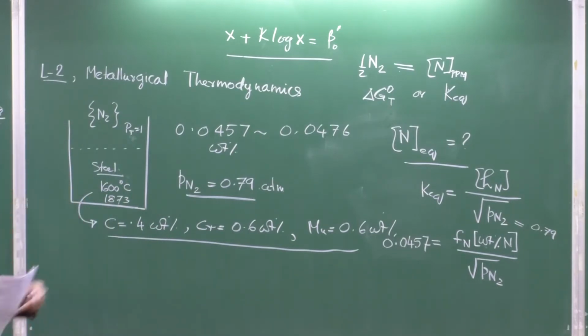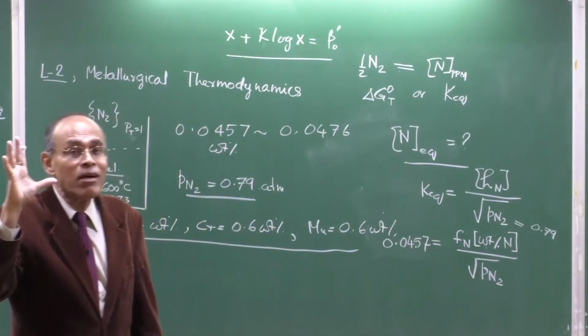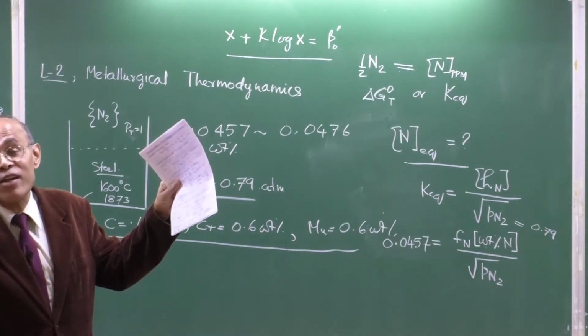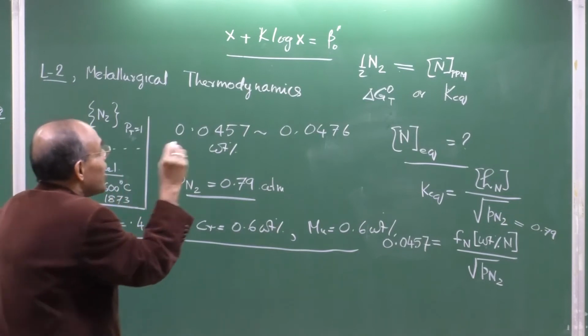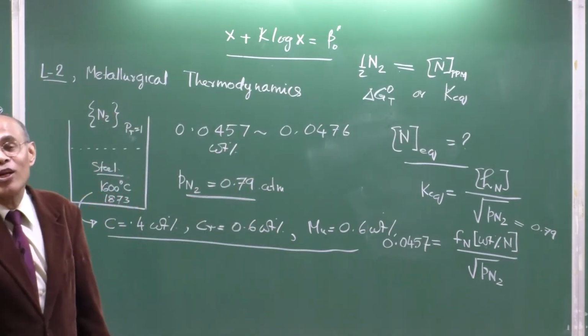Now, if you want to solve it by trial and error, where do you want to start? You want to start from the weight percentage of nitrogen, because you have one idea that I know the equilibrium value in the case of pure iron, which is 0.0457. So, in a trial and error you put not 0.0457 but maybe 0.049.